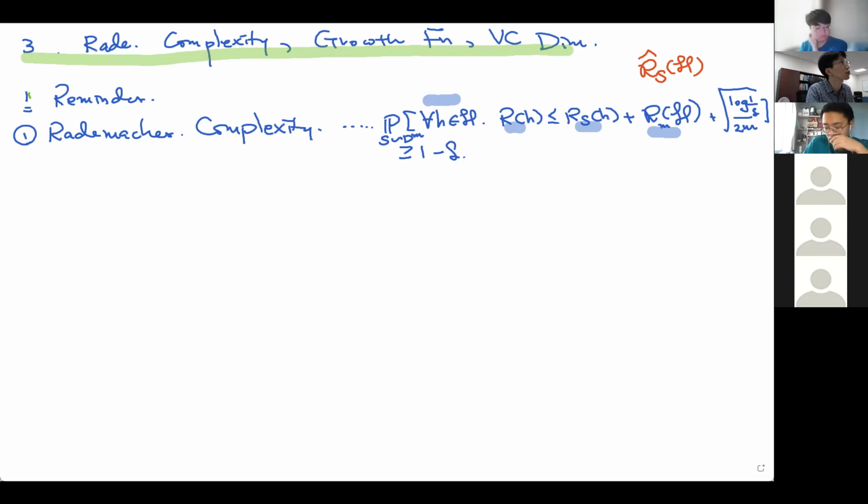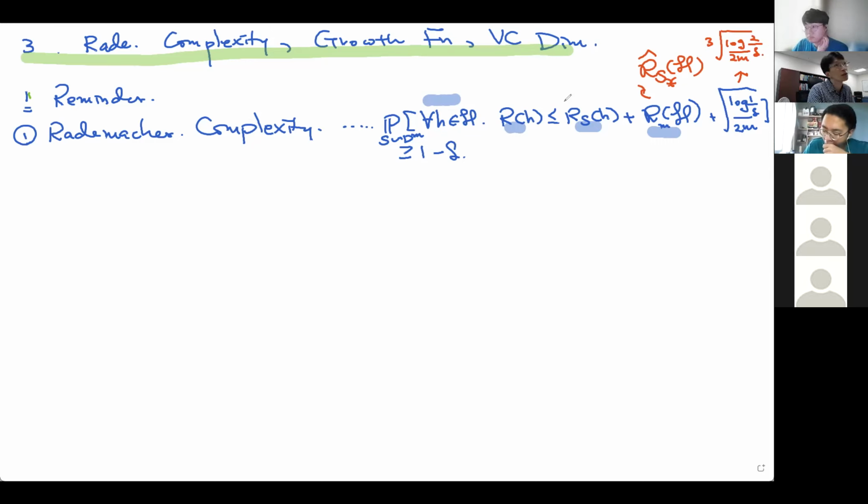The exact notation that I used was this one. We sample a list of (x, y) pairs, we only project the input components from that, and we compute the Rademacher complexity with this. And then the extra slack was 3 times the square root of log(2/delta) over 2m. So that was the result.